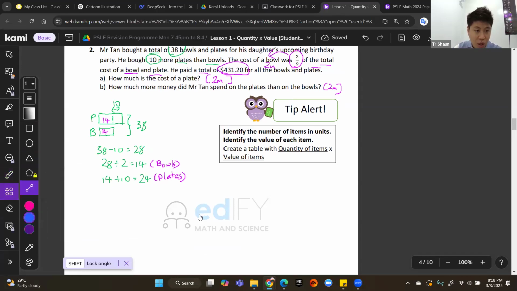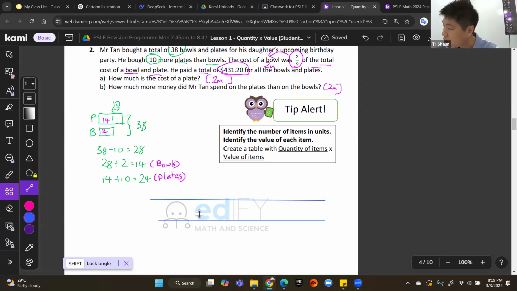Let's draw our table, quantity times value. We have two items here. The previous question had three items, so for two items we don't need so many lines. We just need three lines. One, two, three. Let's draw three lines.